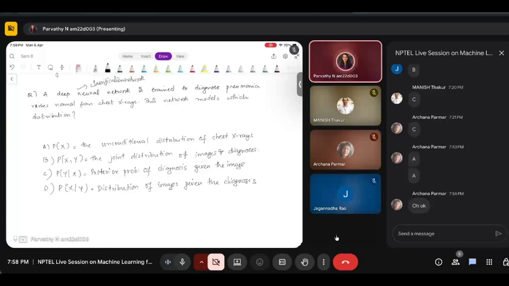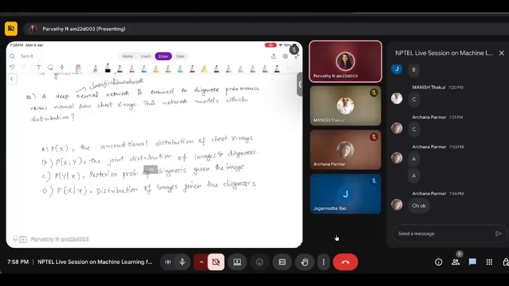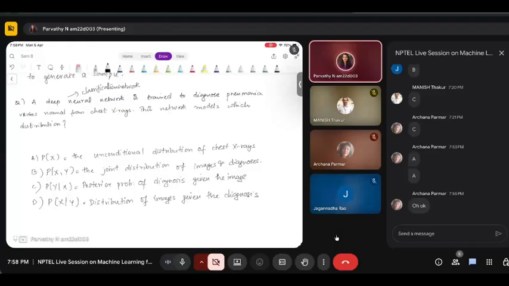So what kind of distribution will this classification network model? Is it P of X, the distribution of the chest X-ray input, or the joint distribution of images and diagnosis, or is it the posterior probability of diagnosis given the image, or is it the distribution of image given the diagnosis?